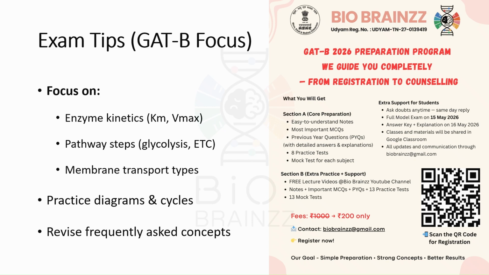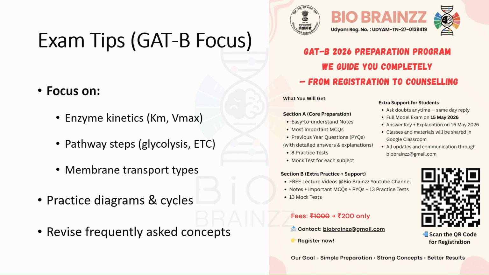From an exam point of view, you should focus on key areas like enzyme kinetics, including Km and Vmax, and metabolic pathways such as glycolysis and the electron transport chain. Also pay special attention to the membrane transport mechanisms and enzyme inhibition types. Practice diagrams, cycles, and MCQs regularly.